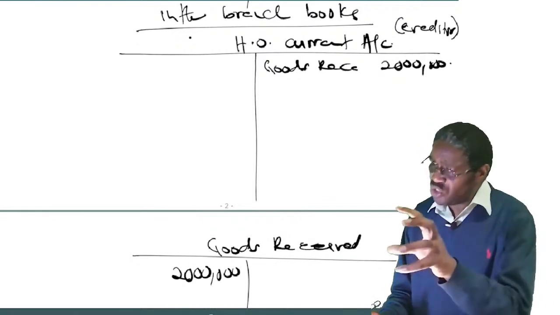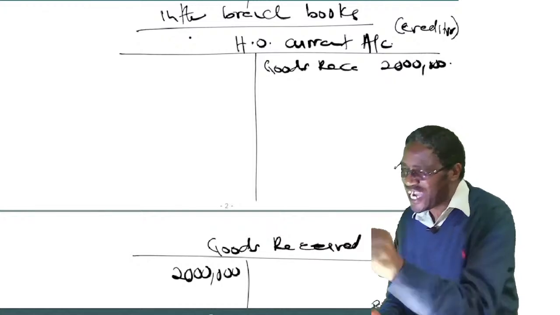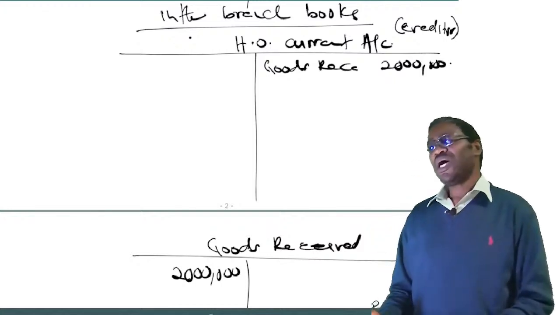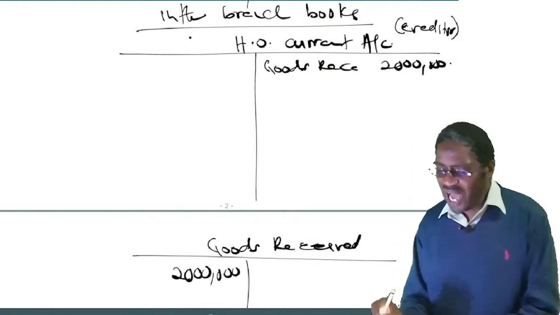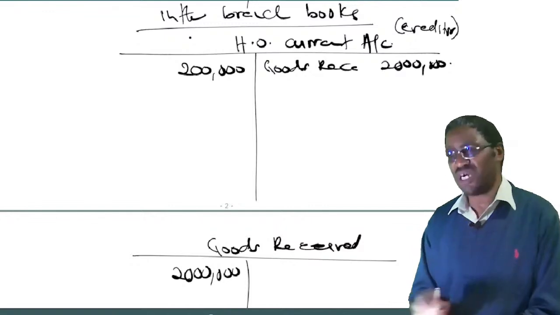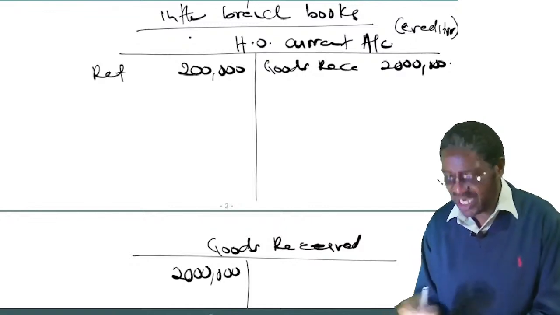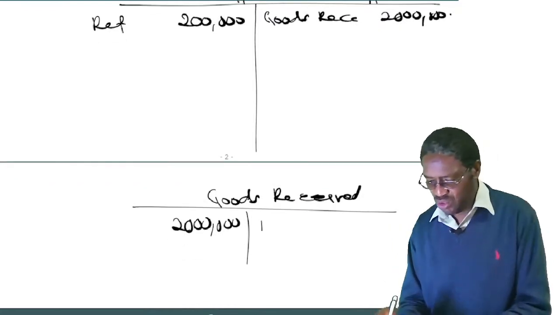I have already told you, to the branch, the head office is like a creditor. And therefore, to reduce what they owe, they will have to debit the head office current account by that 200,000 for the goods that they are returning, and obviously credit goods received.